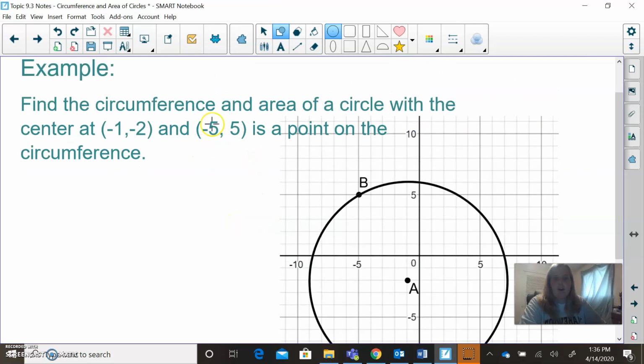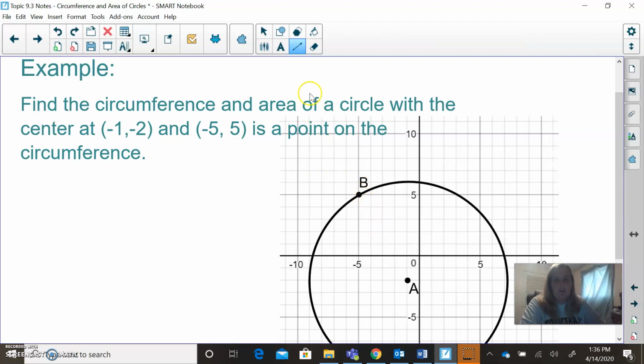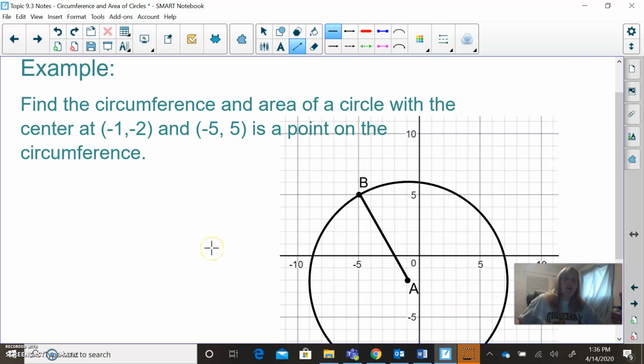First we need to find the radius. So we need to find the line from A to B. We need to find the distance from A to B. So to find the distance from A to B, we can use the distance formula.